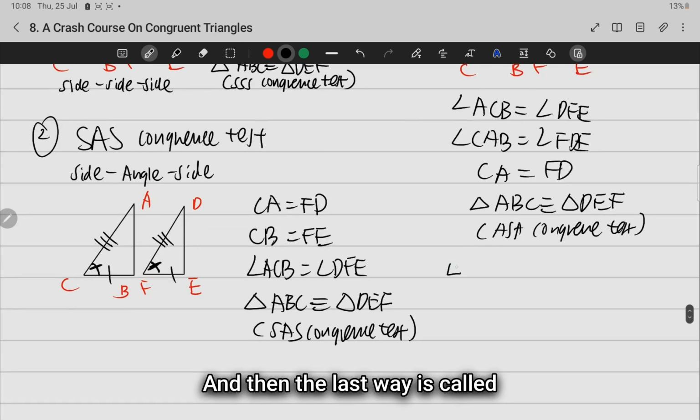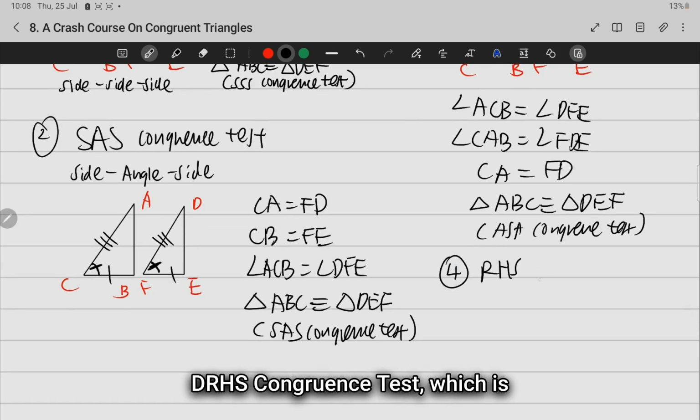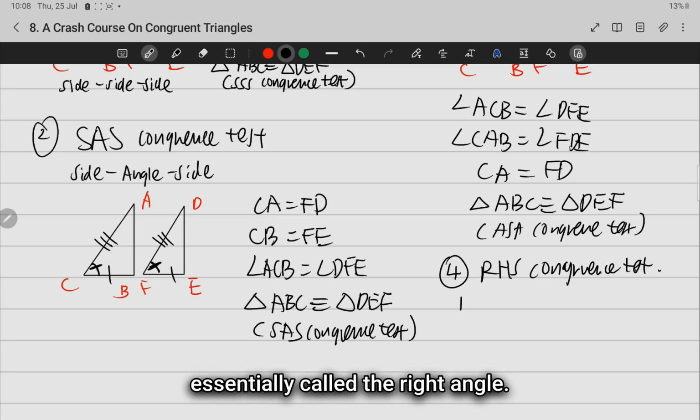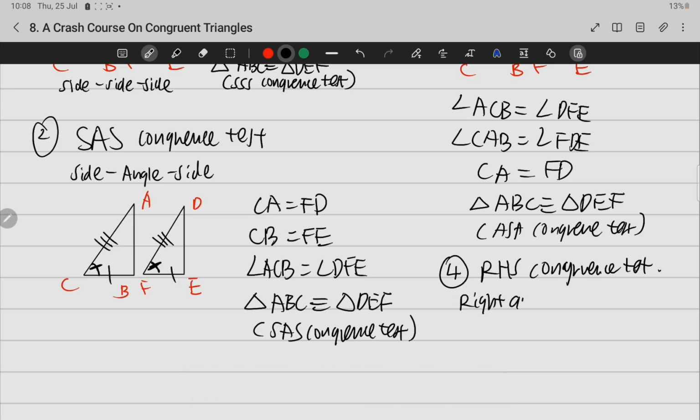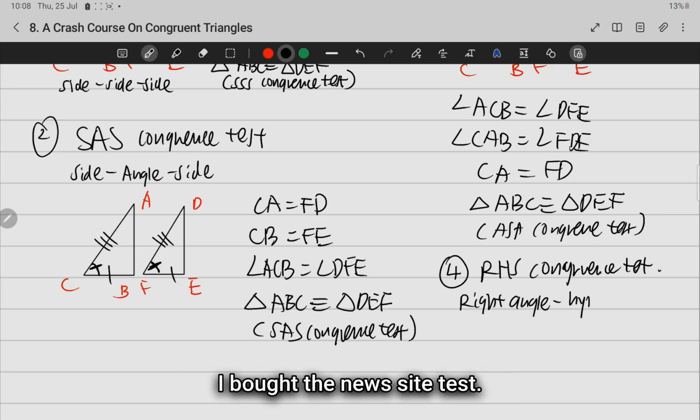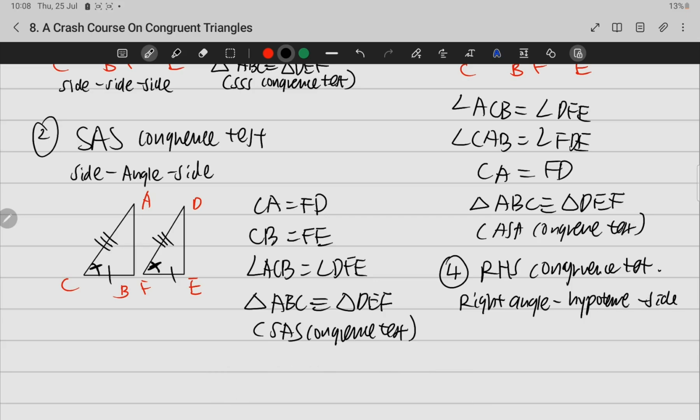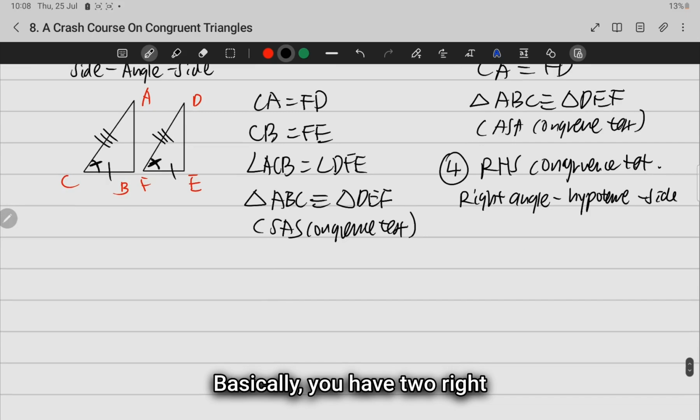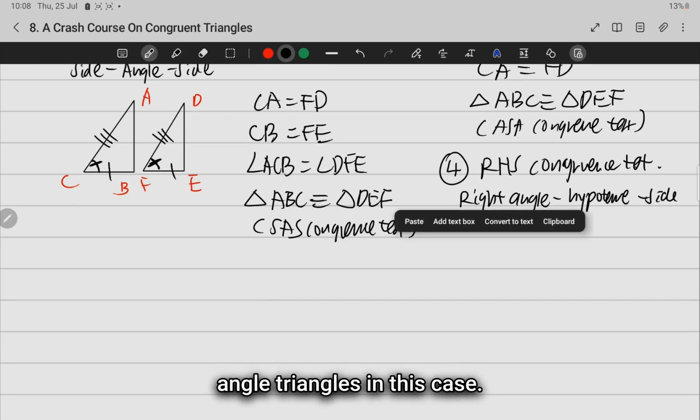And then the last way is called the RHS Congruence Test, which is essentially the right angle, hypotenuse, side test. Basically, you have two right angle triangles in this case.